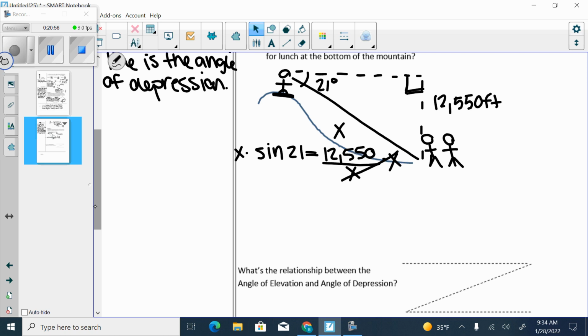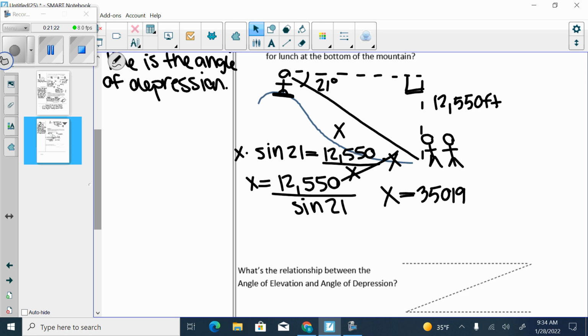How am I going to get x by itself, guys? Good. So x equals that 12,550 divided by sine of 21. So about how far are they going to need to ski? What'd you say? 35,019.9.